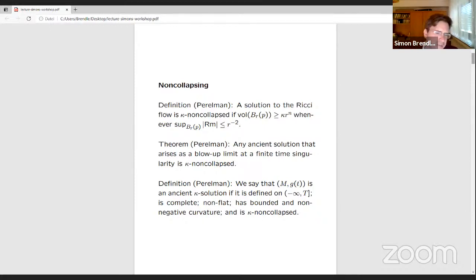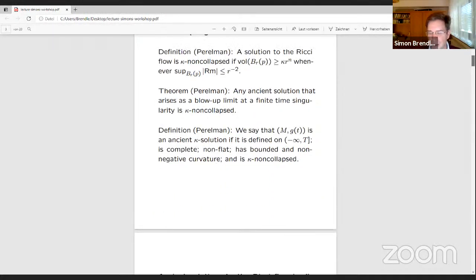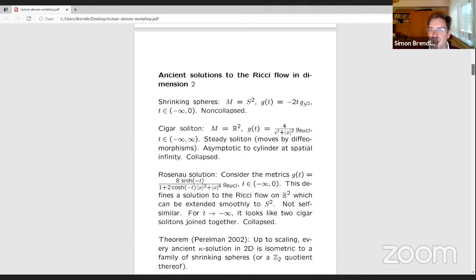And then the only condition that's not so obvious why you want to assume is the boundedness of curvature, but it turns out that you can restrict basically to this class of solutions with bounded curvature. That's not quite as intuitive why you can do that.